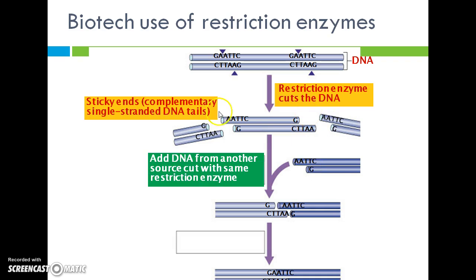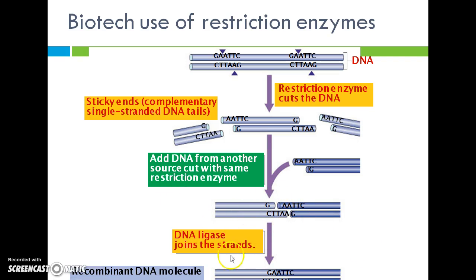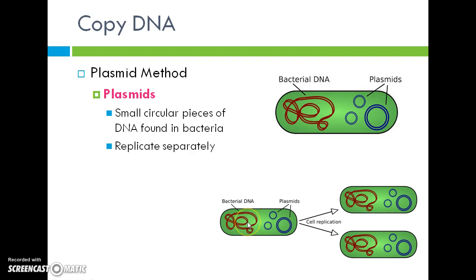Now, if I use that exact same restriction enzyme to cut a different piece of DNA, it's going to create those same complementary sticky ends. And the DNA ligase and the hydrogen bonds can join those two together, and we can create a brand new DNA molecule.